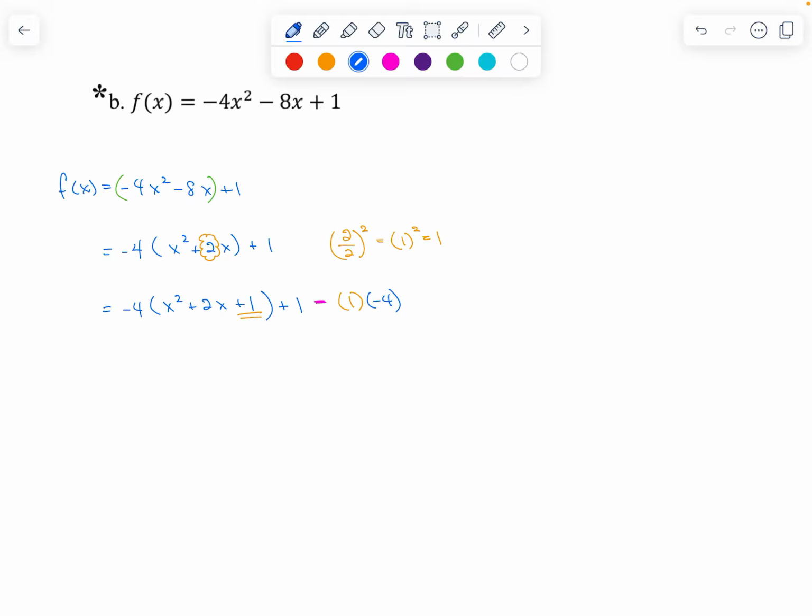That's what I really need to subtract. And so we have here negative 4 times x plus 1, because this becomes a perfect square, and then I have plus 1, and then this becomes plus 4. So this is negative 4 times x plus 1 squared, then plus 5.